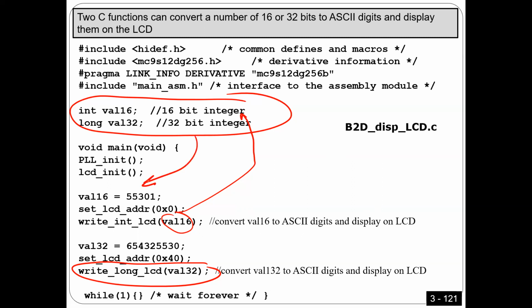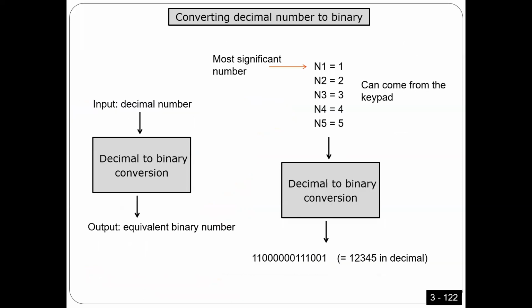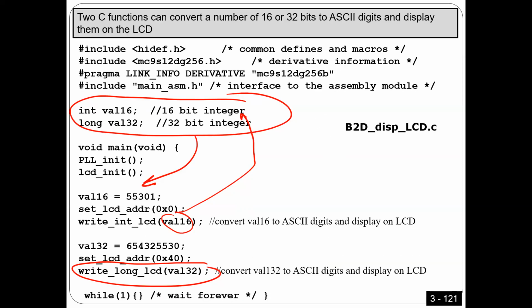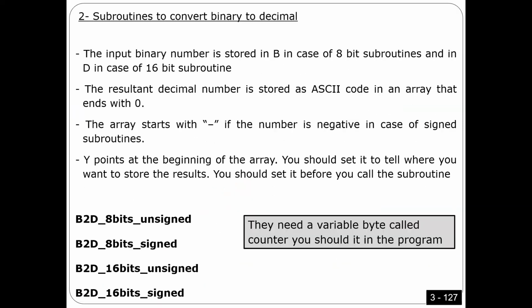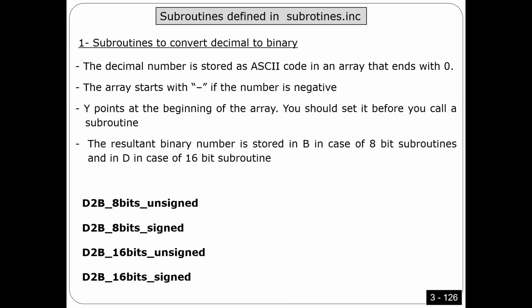Anyway, I have also other functions I'm going to explain right now in assembly. When I come here, they are here. As you see here, these are just the subroutines in the file we include. So you can look at these functions. We have this one, convert decimal to binary.